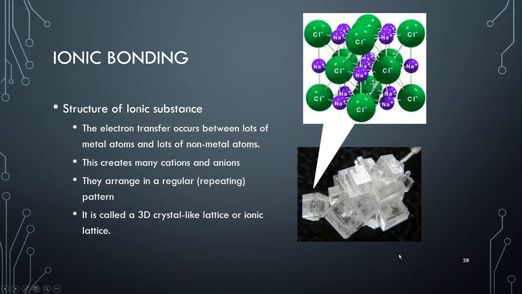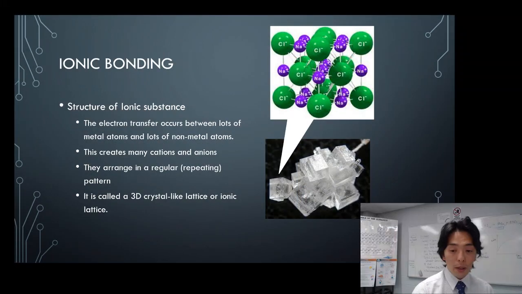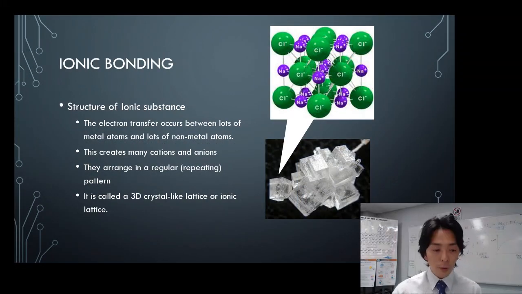So if you know how ions are bonded to each other, you can also see that in the shape of the crystal of any salt. Now, when I say salt, I'm using the chemical term of salt. It just means ionically bonded substances, ionic compounds. Any ionic compounds are called ionic salt in chemistry, not only NaCl.